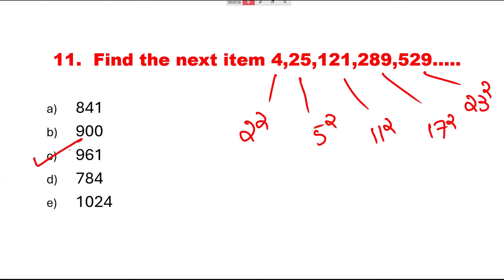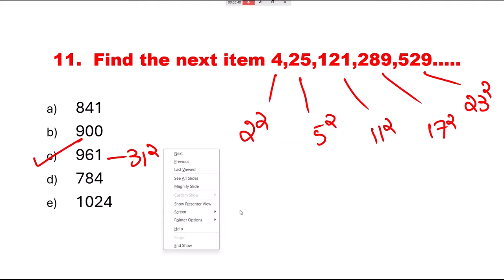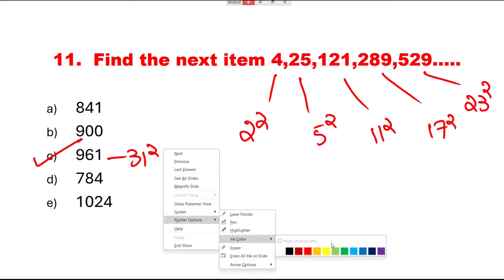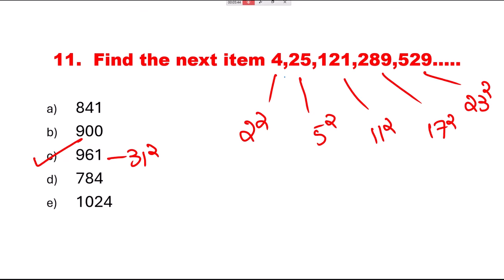The answer is 961, 31 square. What is happening, sir? One prime number is missing each time. 3 removed: 2, 3, 5. Next prime number 7 removed, 11, then 13 removed, 17, then 19 removed, then 23, then 29 removed. This must be 31 square. Alternate prime number squares.